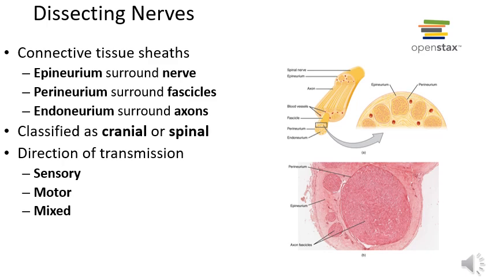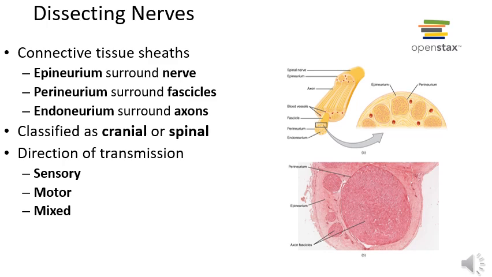And then finally, each individual axon is surrounded by a layer of connective tissue called the endoneurium. So these nerves can be classified into one of two general groups: cranial nerves or spinal nerves. And we already mentioned they can also be classified on the basis of the direction of transmission.